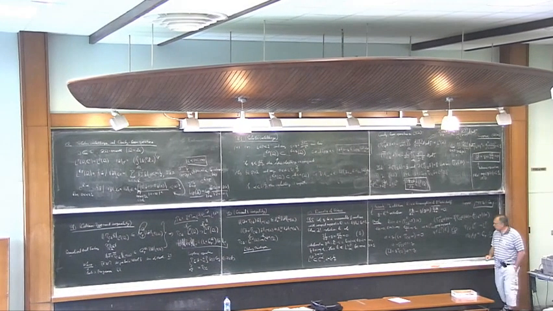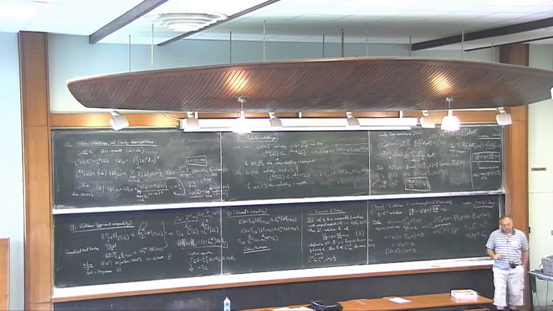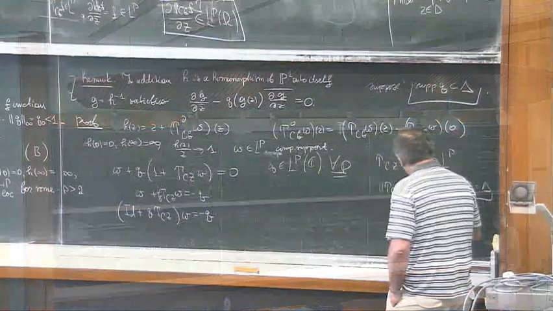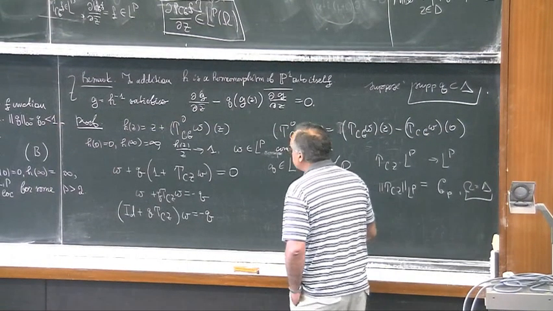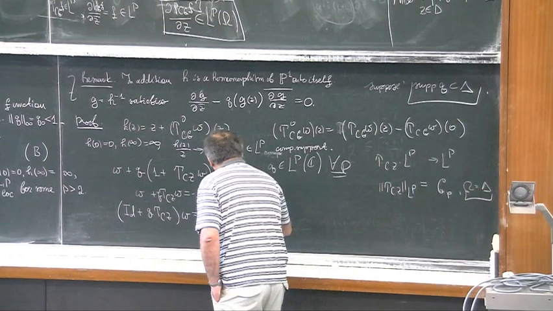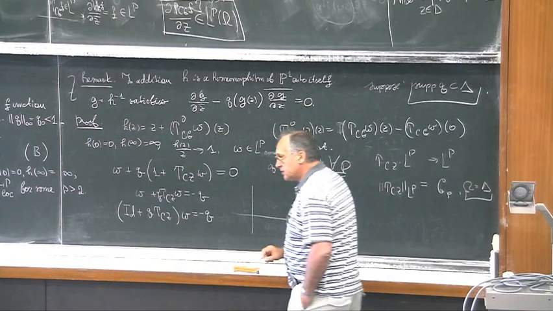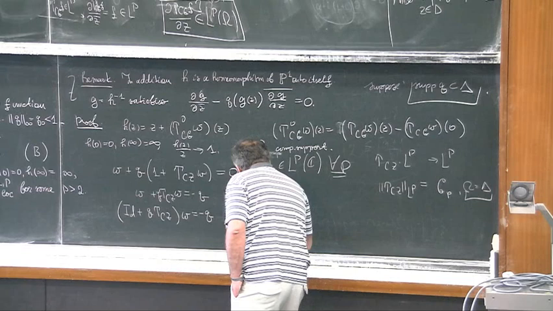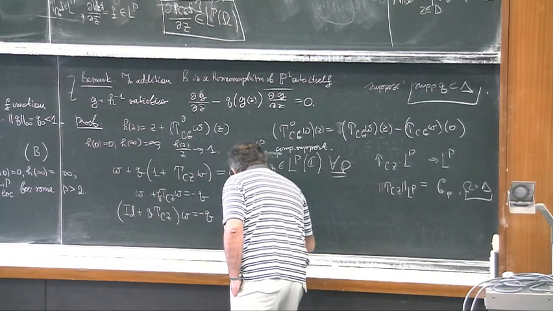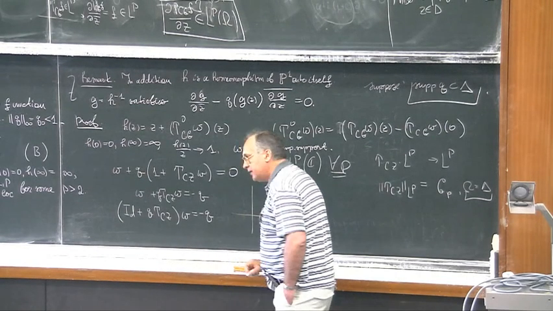Now, about this constant, many things are known, and what I will need is that this constant behaves in the following way. It depends on p in this way. So for p equal to 2, it's equal to 1.